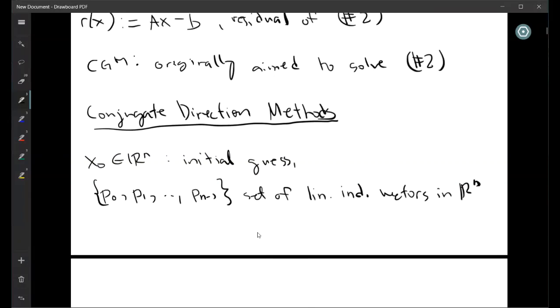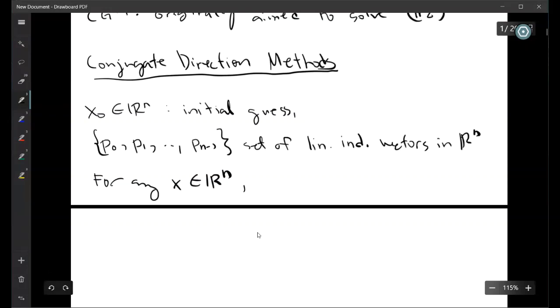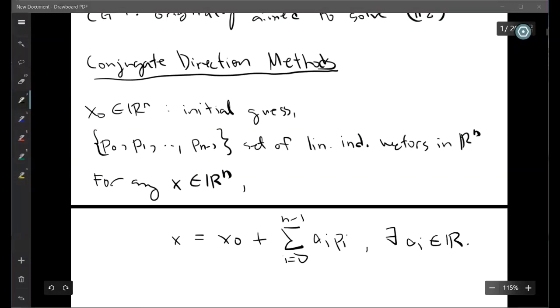And because of this, we can write any vector x in Rn in the following form. So that's x equals x0 plus this linear combination, the sum of alpha i p i, for some scalars alpha i here.